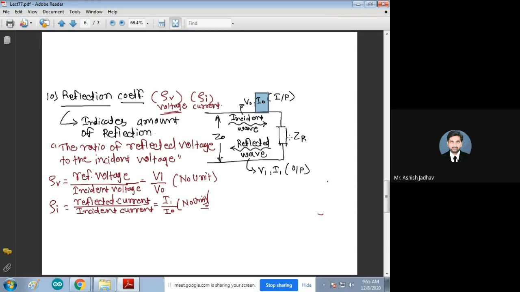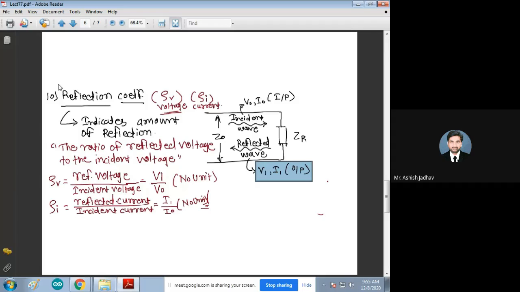And let's assume this transmission line is not perfectly matched. So some of the power, some of the wave, will get reflected. In that case, V1 and I1 are the reflected voltage and current respectively. The reflection coefficient is defined as the ratio of the reflected voltage to the incident voltage.